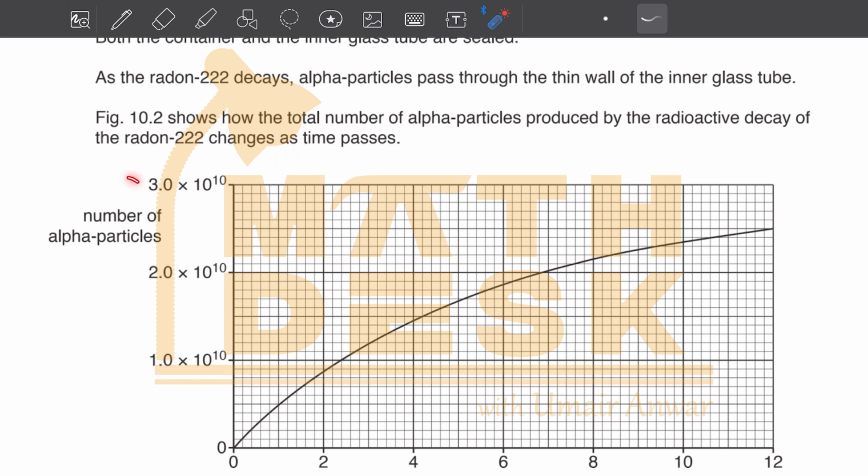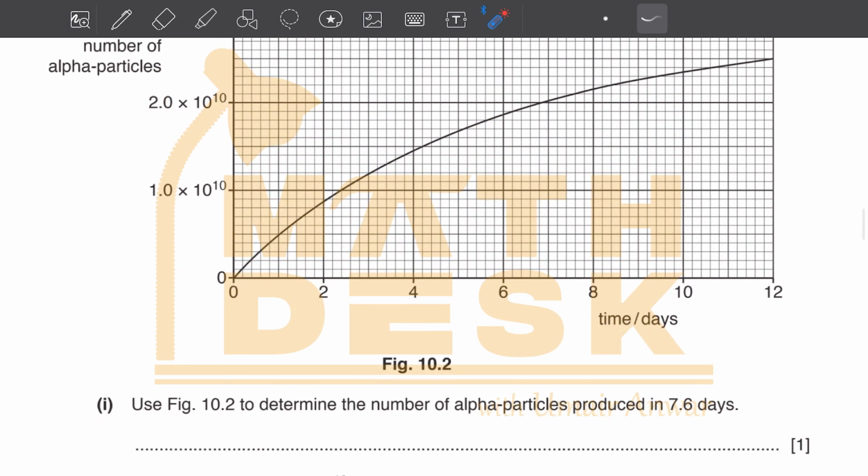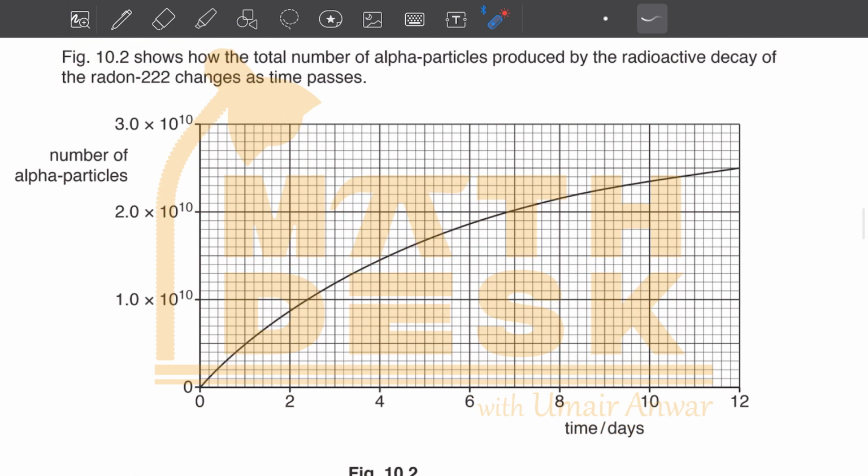The number of alpha particles is indicated on the y-axis and the time in days on the x-axis. Use figure 10.2 to determine the number of alpha particles produced in 7.6 days.